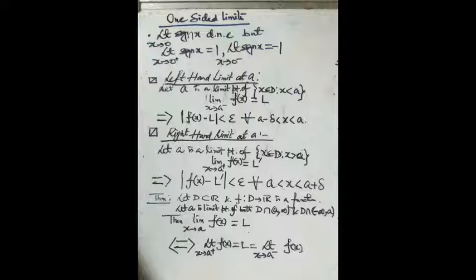It states that suppose D is a subset of R and f is a function from D to R. If A is a limit point of both D intersection (A, infinity) and D intersection (minus infinity, A), then the limit as x tends to A of f(x) equals L if and only if the limit as x tends to A plus of f(x) is L, as well as the limit as x tends to A minus of f(x) is also L. That means the limit at some point will be L if and only if the right hand limit and the left hand limit at that point are equal. So this is a very straightforward theorem. You will try to prove this.